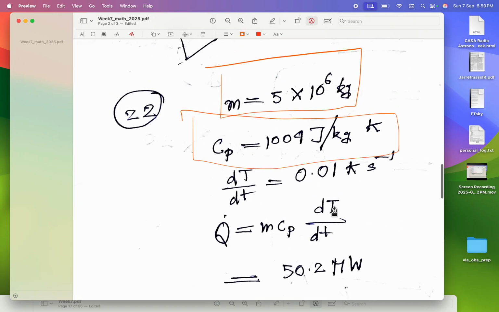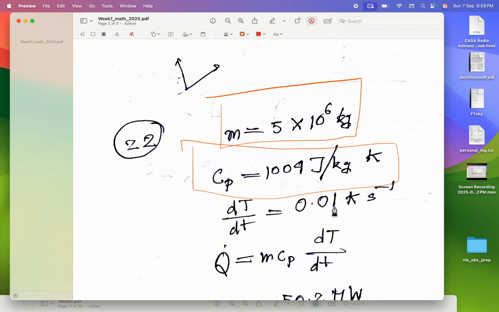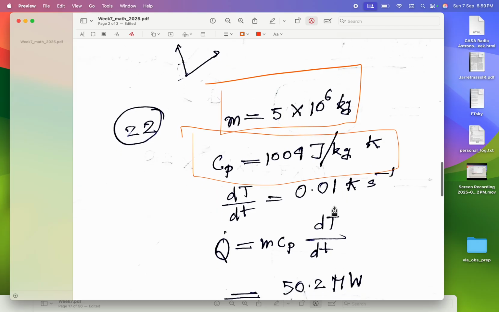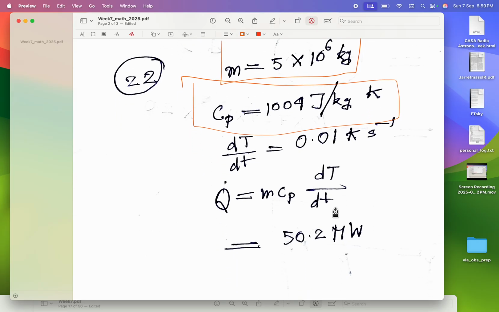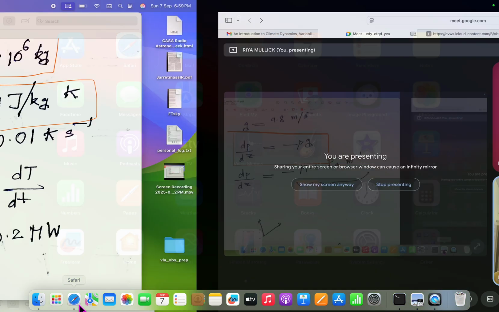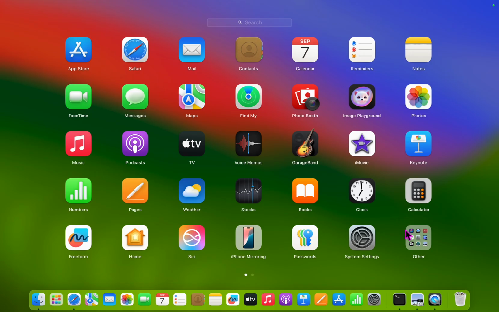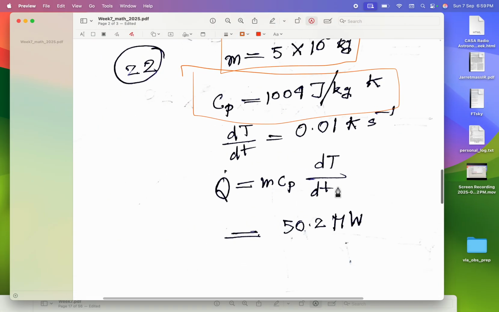So you can calculate this. m is 5 × 10^6, Cp is 1004. Yes, this is 50.2 megawatt.